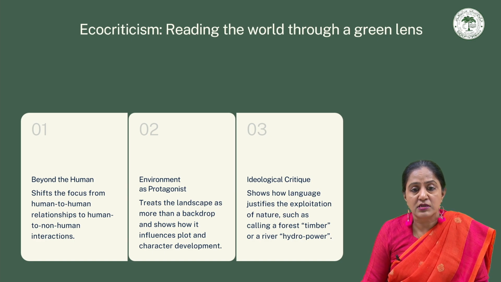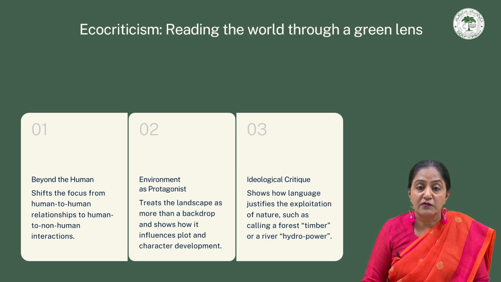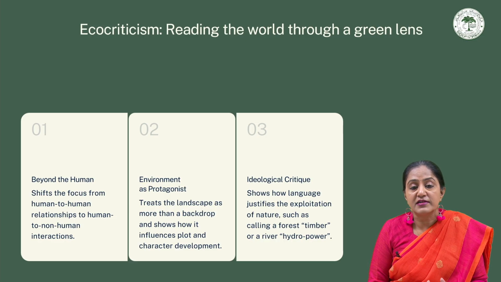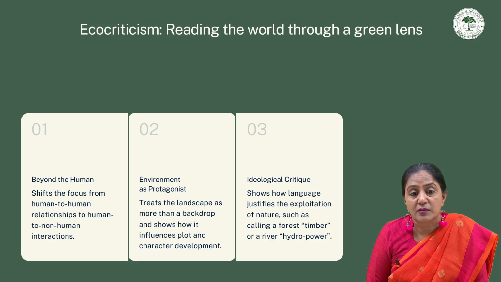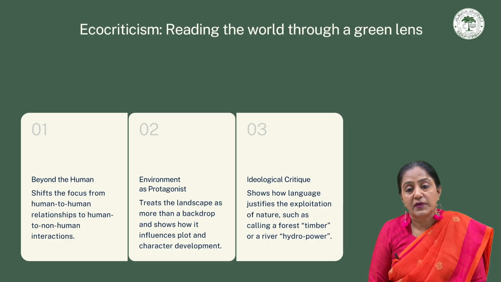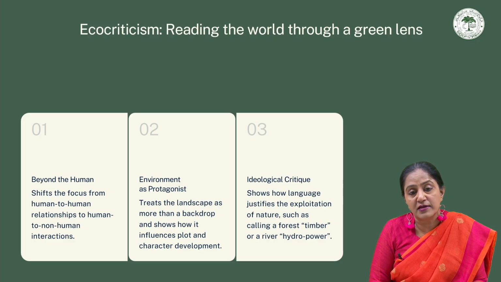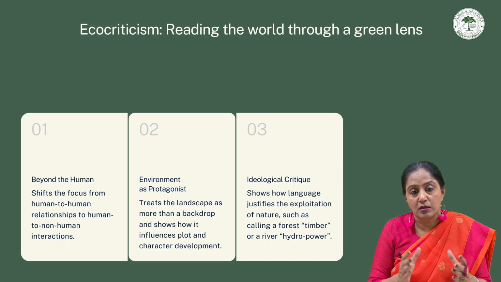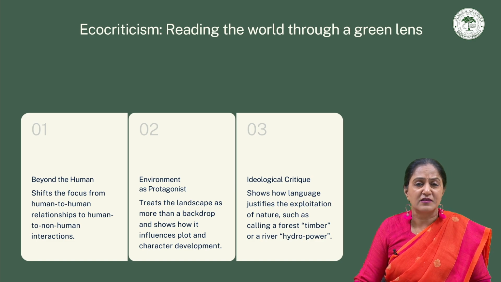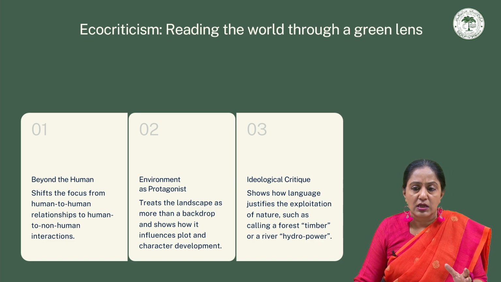It examines how landscapes influence narratives, how animals function within stories, how environmental destruction is represented, how cultural assumptions about nature become embedded in language. One influential eco-critical insight concerns the role of setting of a scene, the depiction. Traditionally, settings were often treated as passive backgrounds.